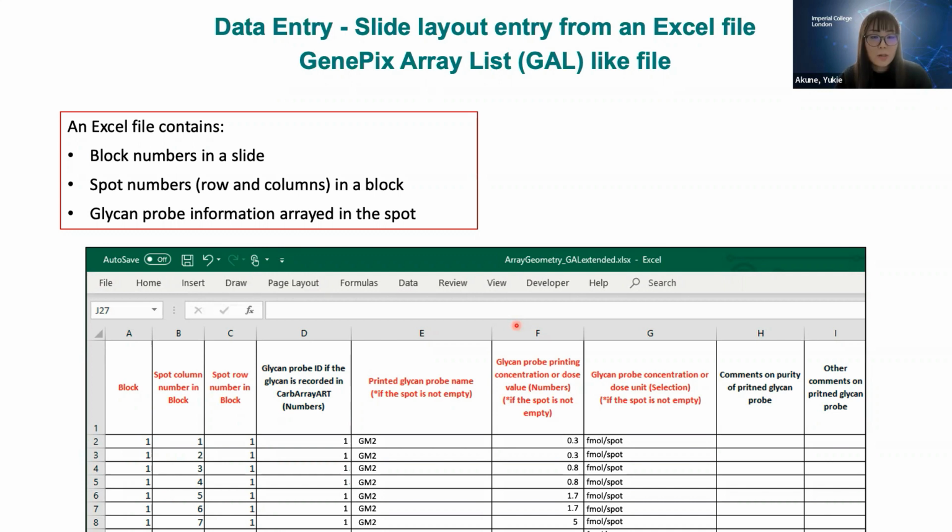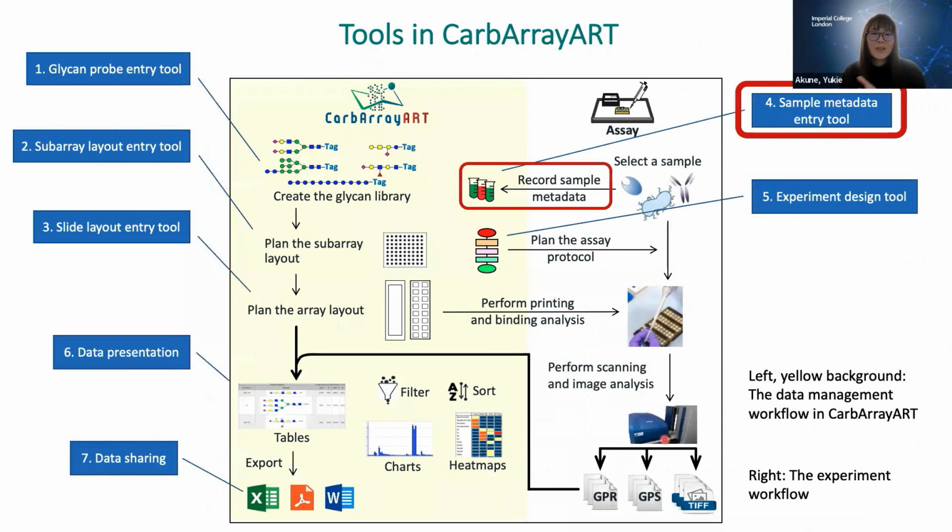You can add a little more information, the concentration or dose of the probes printed, and you can import it into CarbArrayART to create your own library. Okay, and I'm sorry, moving forward. So this is the end of the library creation, how to make the glycan probe library and slide layout.